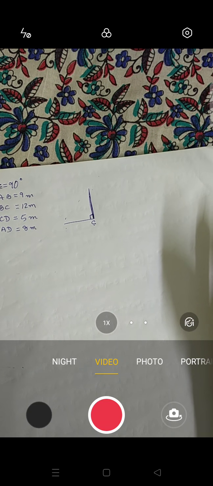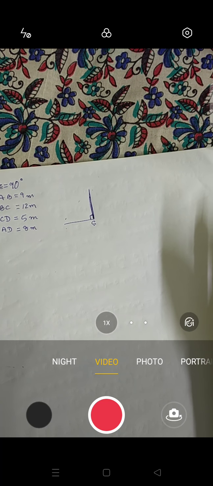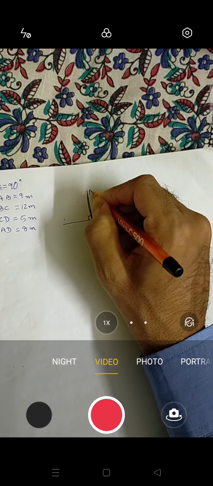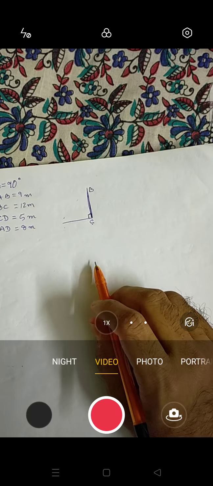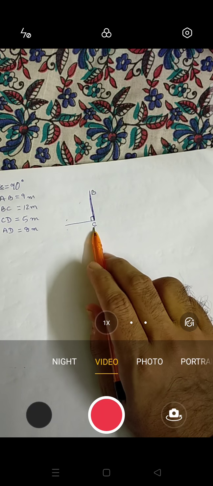So I'm taking this one as B. If this is B and this is C, definitely this will be D.